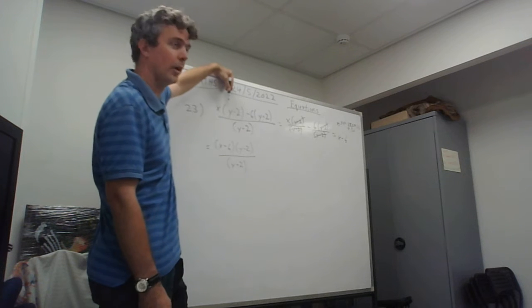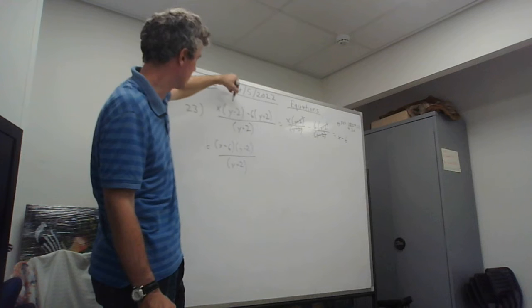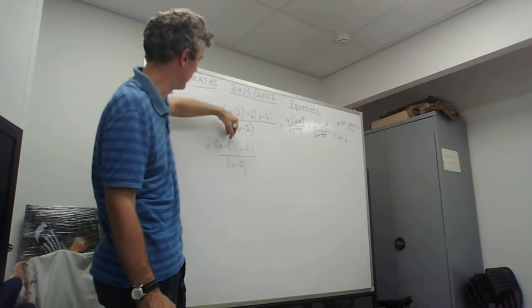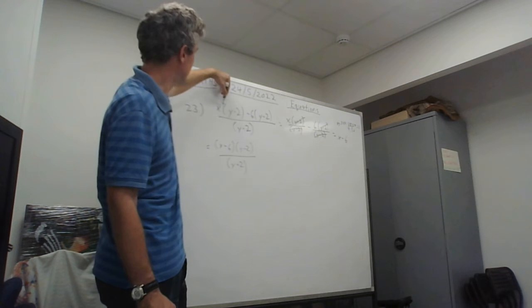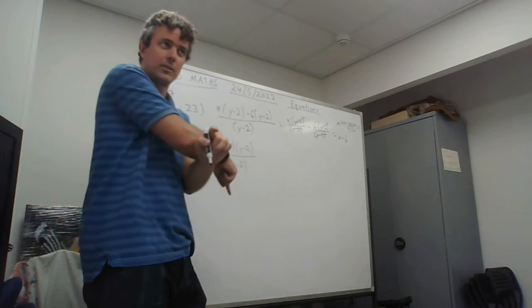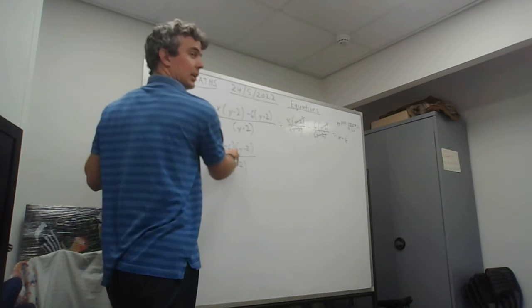Remember when we were doing multiplying binomials, I said if you have something like this, it equals this one times that, and this one times that. So when you see this one times the same thing, and this one times the same thing, you can go backwards. You can write it as a binomial multiplication here.